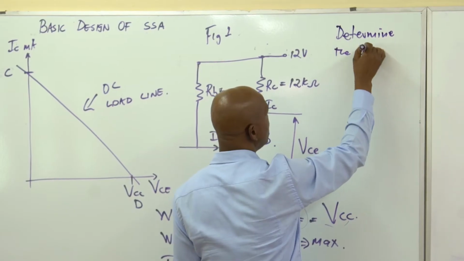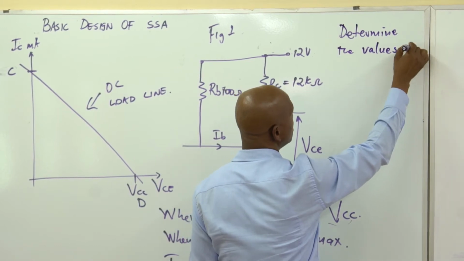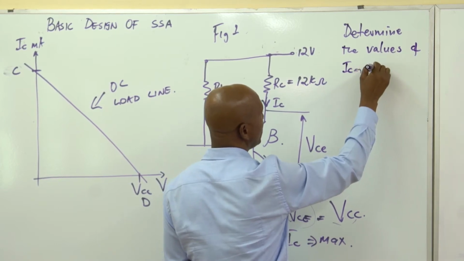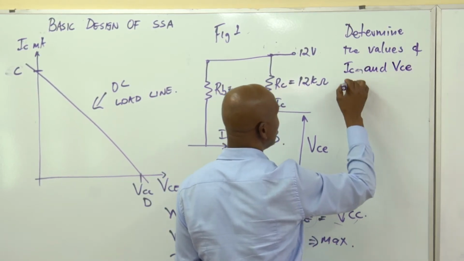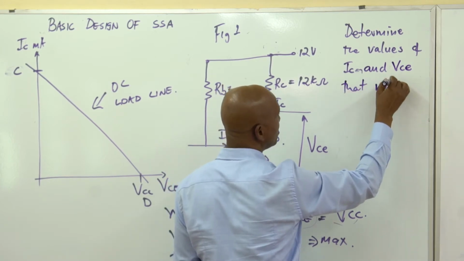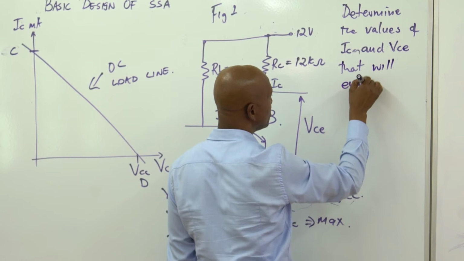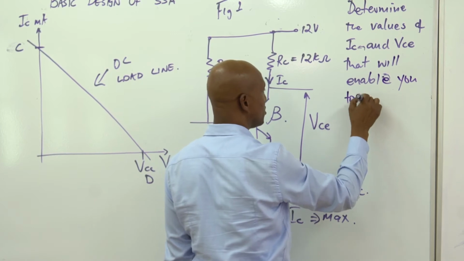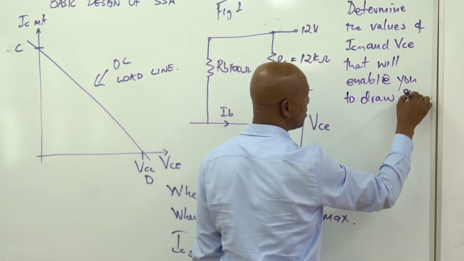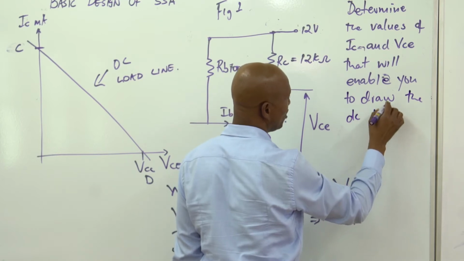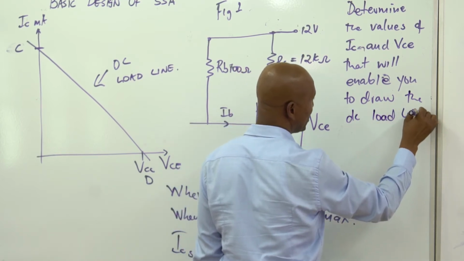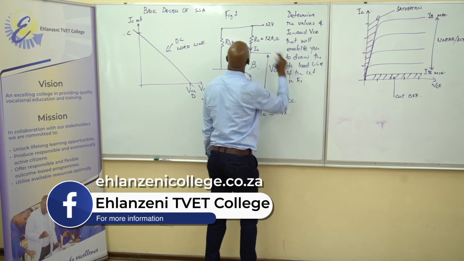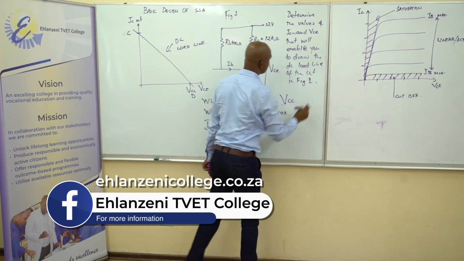Determine the values of IC and VCE that will enable you to draw the DC load line of the circuit in figure 1.